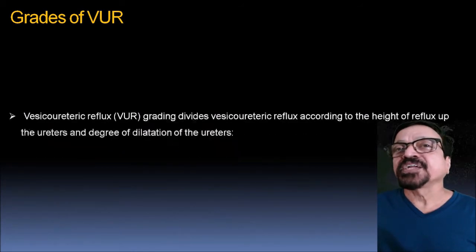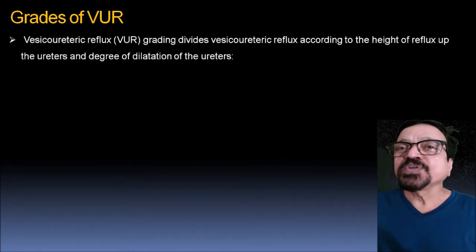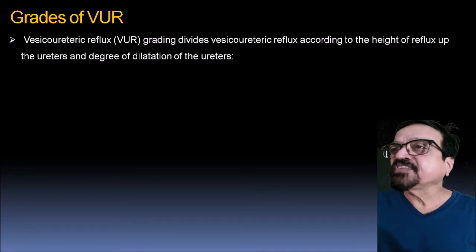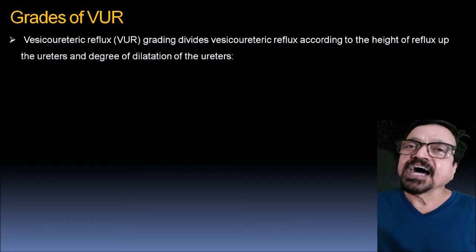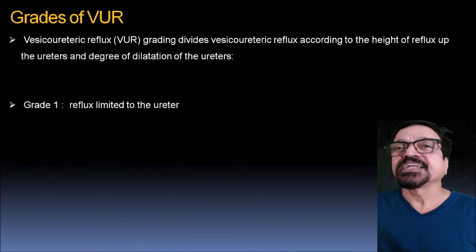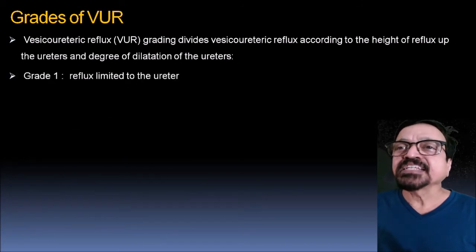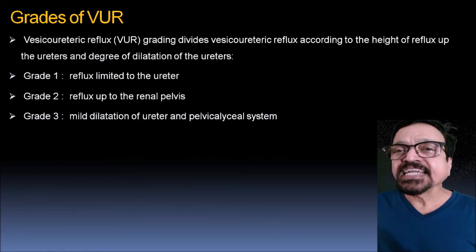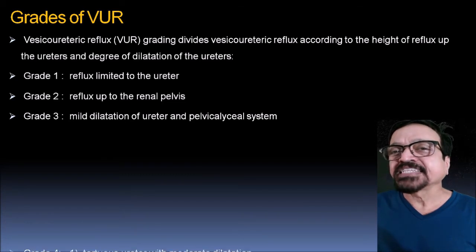Now grades of VUR, these are very important. The vesico-ureteric reflux grading divides reflux according to the height of the reflux up the ureter and the degree of dilatation of the ureter. Grade 1 is reflux limited to the ureter. Grade 2 is reflux up to the renal pelvis. Grade 3 is mild dilatation of the ureter and pelvicalyceal system.